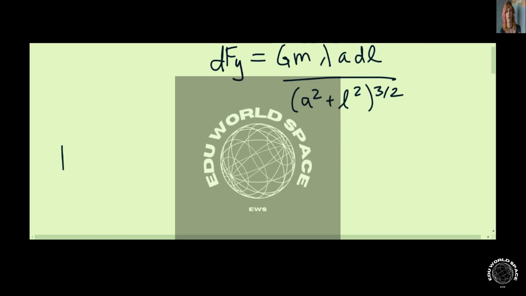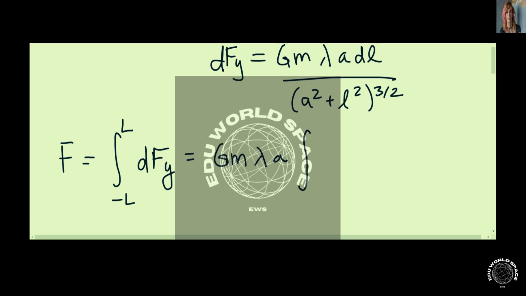So let's do that. We're going to go from minus L to L, and we're adding up all the little pieces of the force, so that'll give us the total force. I'm going to leave everything that's a constant out in front and then just write down the variable parts of the integral here.